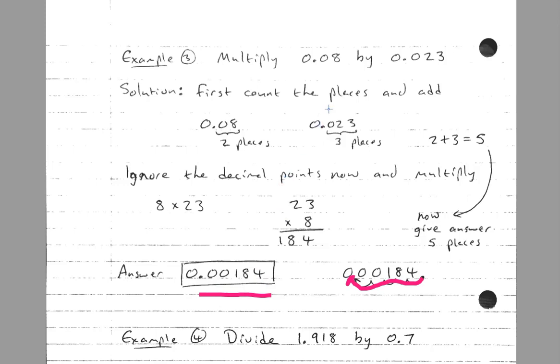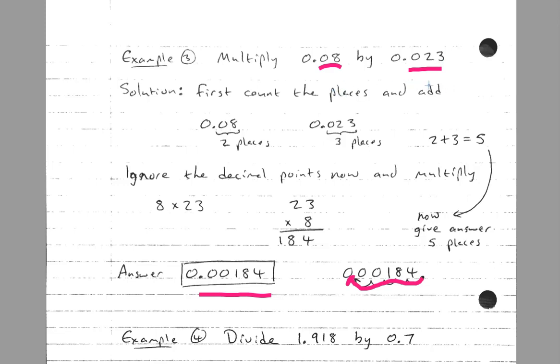All right, so you're not lining up decimal points for this. You're counting places. 2 plus 3 is 5, so the answer has 5 places. Okay, and the reason it works, yeah, you could think of this as 8 over 100. You could think of this as 23 over 1,000.